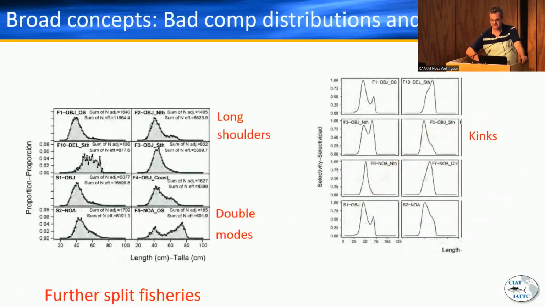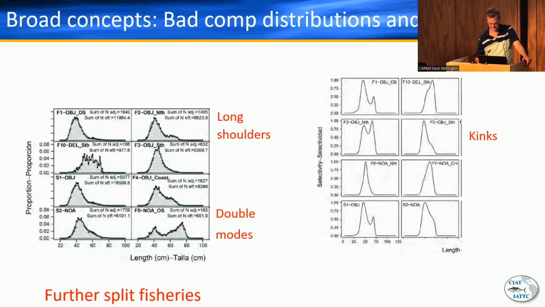Okay, so one thing that I've been thinking about is that we should be defining fisheries so that the selectivity curves and the length frequency curves are pretty regular. So basically, if you don't get something that looks like a double normal, you're probably adding a couple of fisheries together or a couple of areas together that have different size fish.